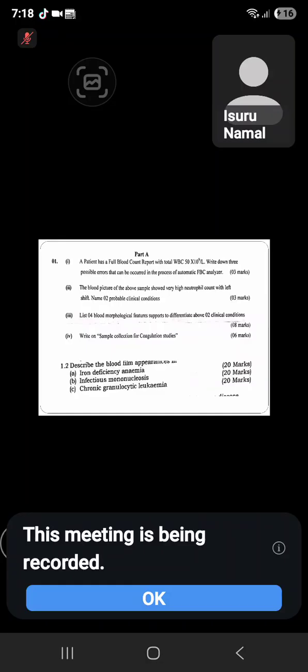They say that a very high neutrophil count with left shift is present in this blood picture. Then the third question they ask: list 4 blood morphological features that support differentiating the 2 clinical conditions. 8 marks are there. Then you have to plan your answer for this question. Write on sample collection for coagulation studies, that is general hematology. Then here, another question is there.